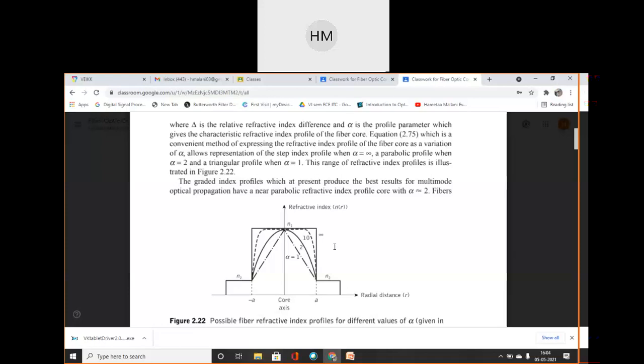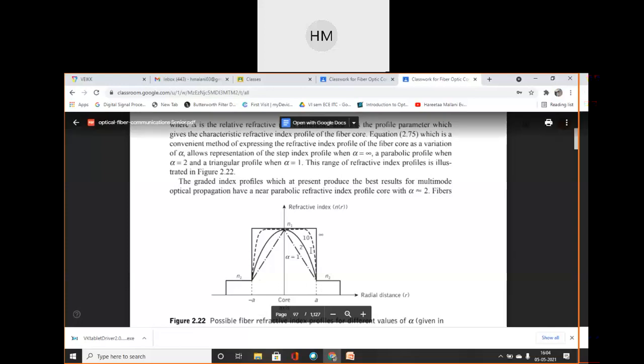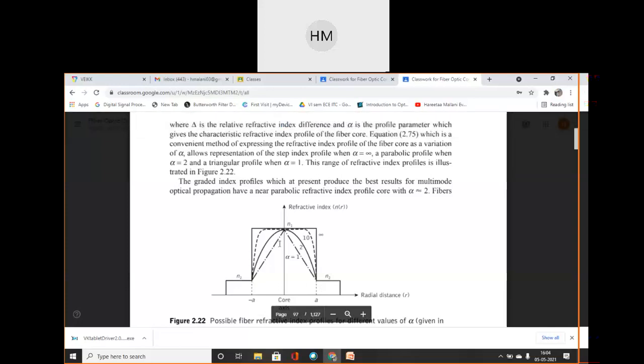Finished? You can see this diagram very nicely. It is shown that this is my core region whose refractive index profile varies, and in the N2 region the refractive index profile remains the same. Core diameter is 2a.